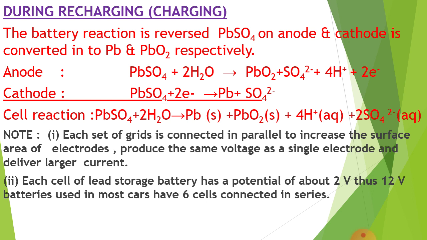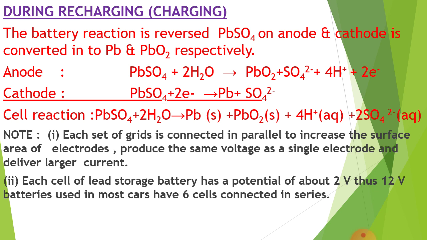Now during recharging, as you learned the reactions of discharging, the reverse reactions happen for charging. The battery reactions are reversed, that is, PbSO4 on anode and cathode is converted into Pb and PbO2 respectively. Look at the reaction.